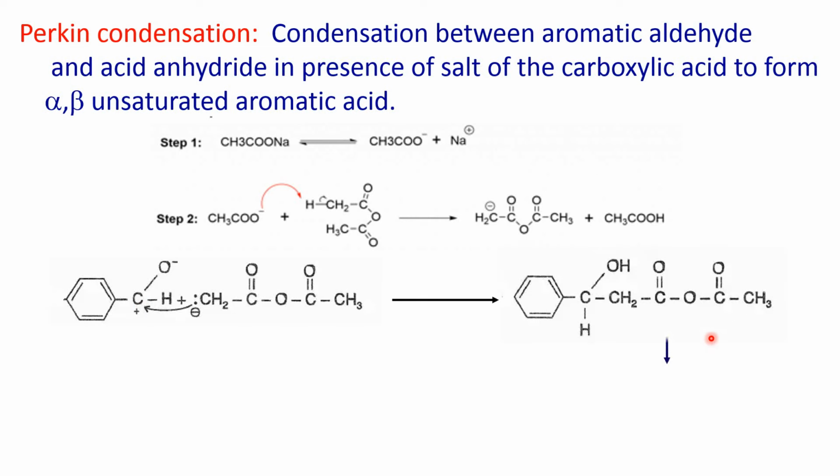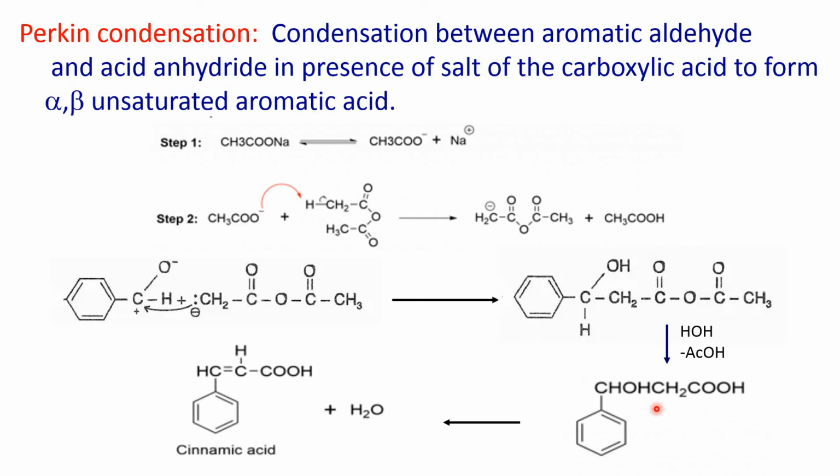Now, hydrolysis occurs, and during hydrolysis, acetic acid, CH3COOH, is removed from here, and then we get this product. Now, from this product, dehydration occurs. That means water is removed by this OH group and the hydrogen atom from the adjacent carbon atom, and finally we will get the cinnamic acid.